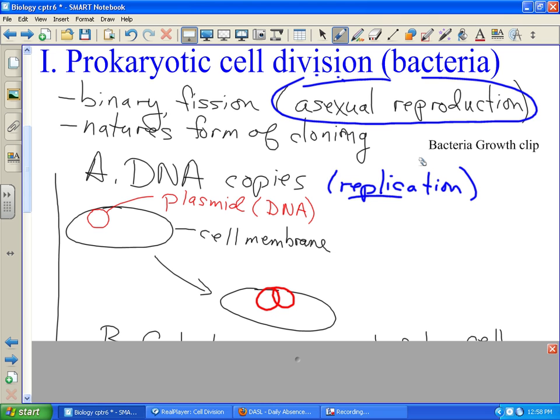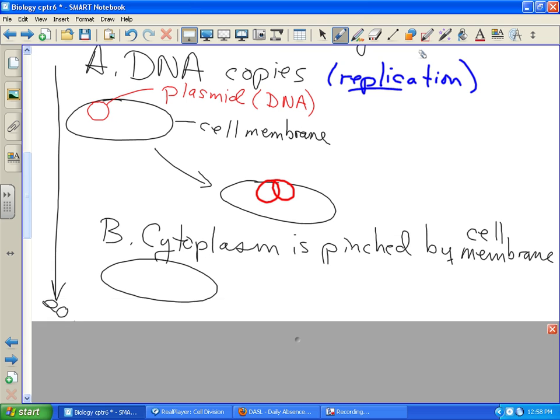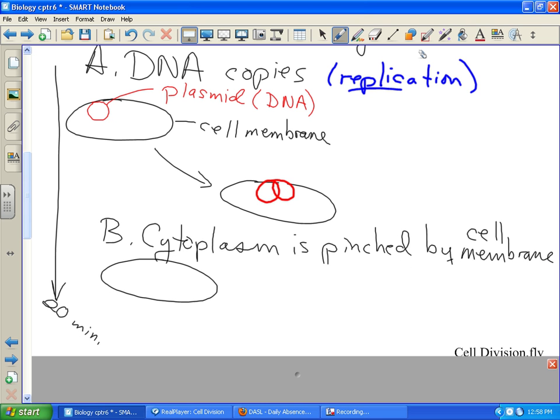DNA copied. The next step would be we need to split the cell. We got to split the cytoplasm. Well, the cytoplasm is everything inside. Okay, which may be some ribosomes, some proteins and things, but there's no Golgi, no ER, no vacuoles. This is all in bacteria.